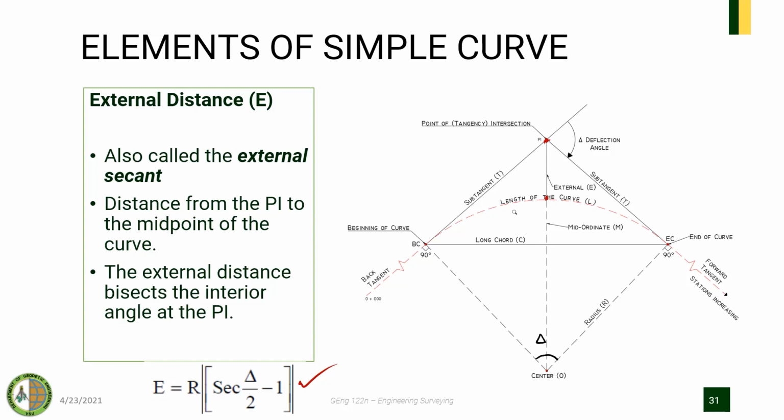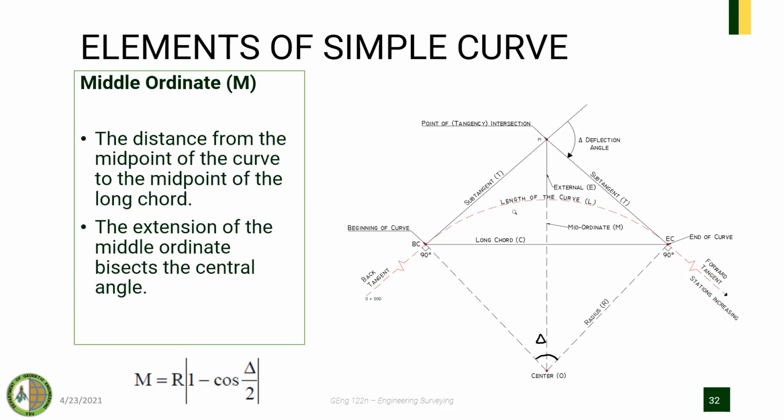We have the middle ordinate, which is the distance from the midpoint of the curve, this one, to the midpoint of the long chord. So the external distance and middle ordinate are collinear.